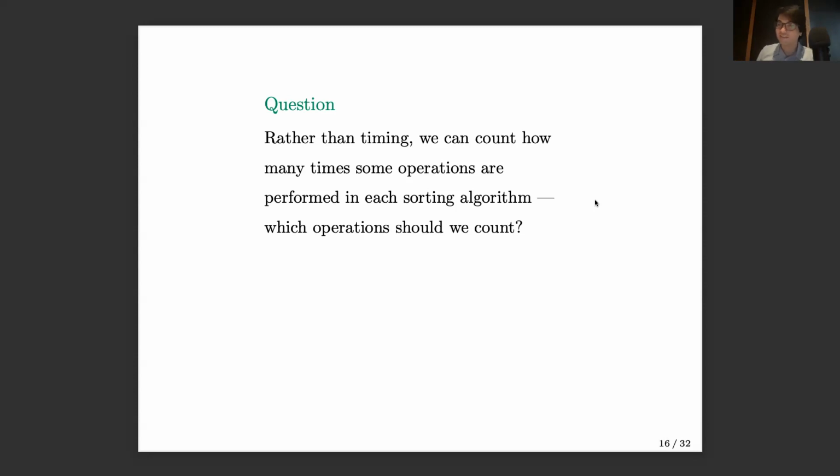For sorting, which are the operations that we should count? We're not needing to count everything. There's usually something fundamental to the algorithm. So what are the operations that are fundamental to sorting? Well, if you're sorting a list, what one thing must you do? Comparing, right?